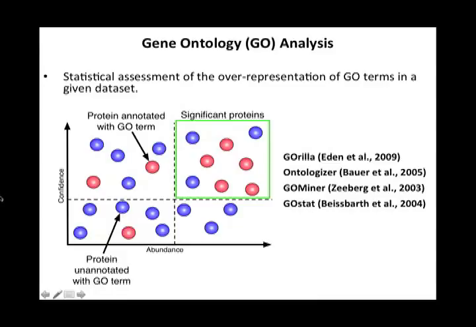There are a variety of tools that do this, from DAVID, GOrilla, Ontologizer, GOStat. Some of you might be using the Ingenuity framework in order to do some sort of gene ontology or functional enrichment analysis. The goal of these analyses is to perform a statistical assessment of the overrepresentation of GO terms, which can be molecular functions, biological processes, or cellular components in a given data set.